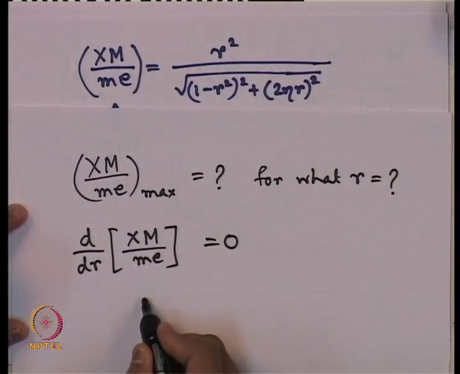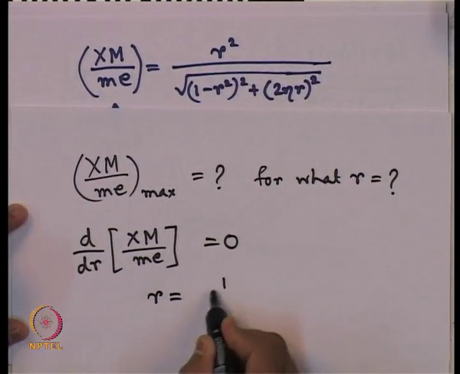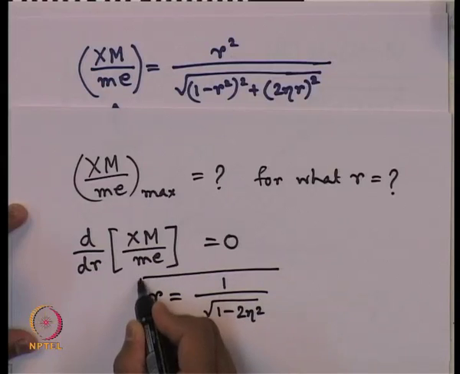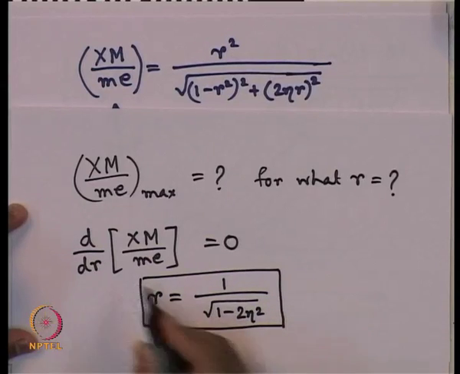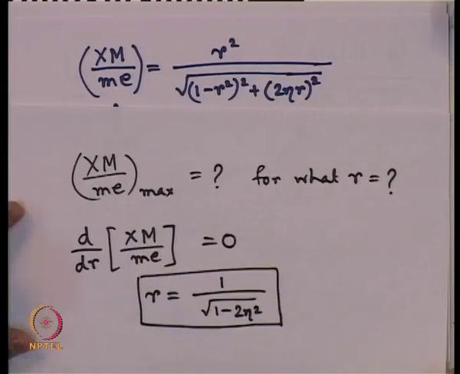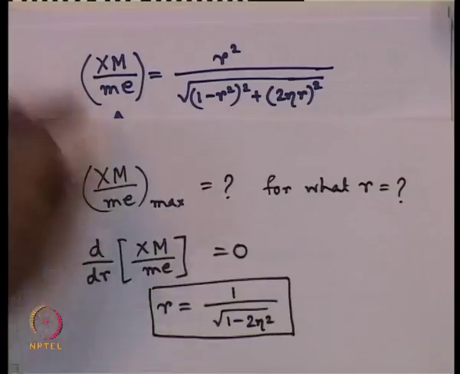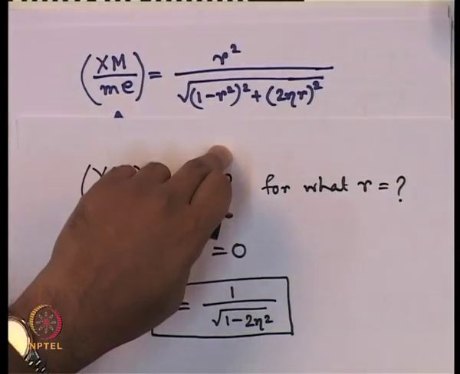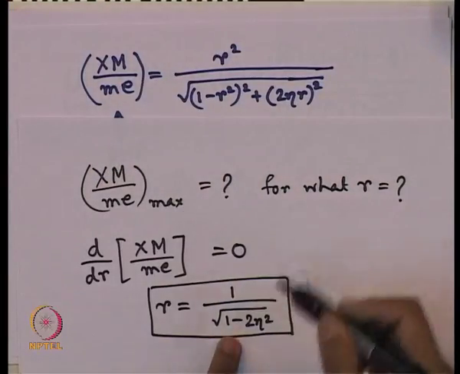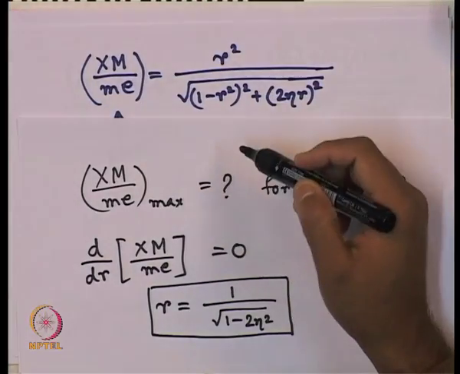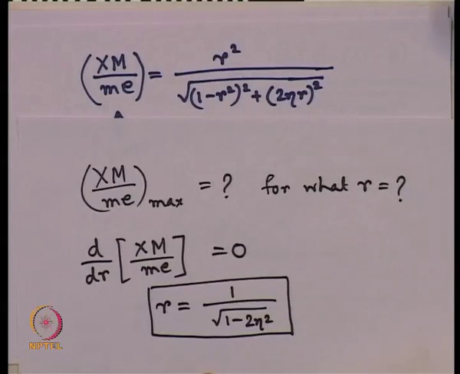On simplification, we get r equals to 1 by root over 1 minus 2 eta square. That is the value of r where this becomes maximum. And what is the maximum value of x m by m e? If you put in this expression the value of r equal to this, whatever x m by m e you get, that is the maximum value, like the previous case.